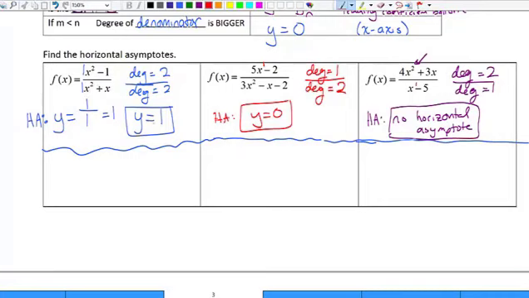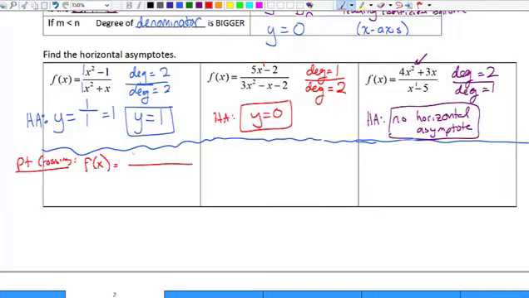We do know we have a horizontal asymptote at y equals 1, so to get the point crossing, first I have to look at the function and see if it can be reduced. It looks like it can. The x plus 1 reduces out, and so that gives me f of x equals x minus 1 over x. Okay, so this is my reduced function.